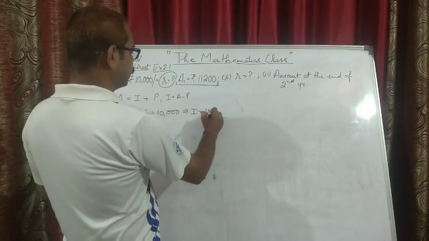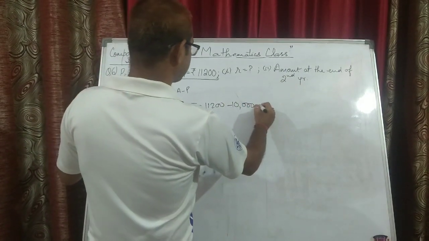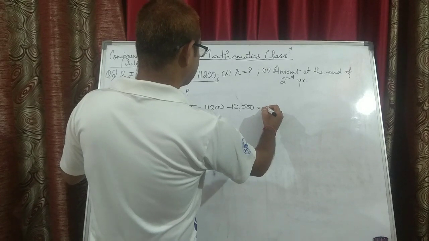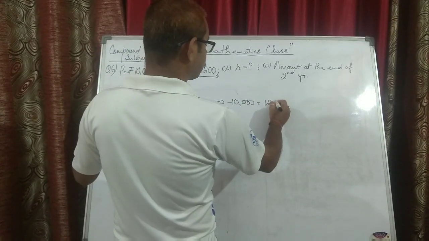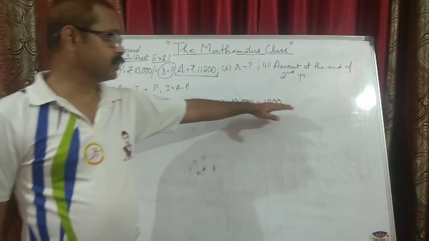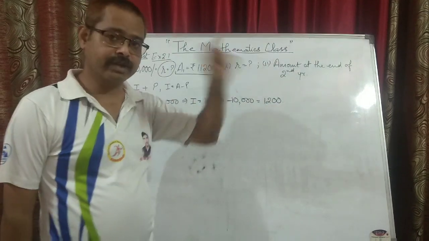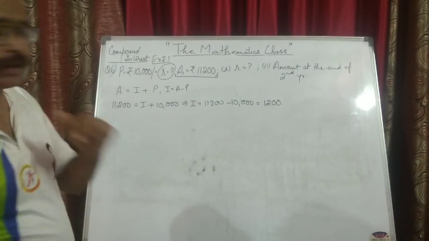So amount is 11,200 minus 10,000, so it becomes 1,200. This is the interest after 1 year. With the help of the formula, we can calculate the rate.